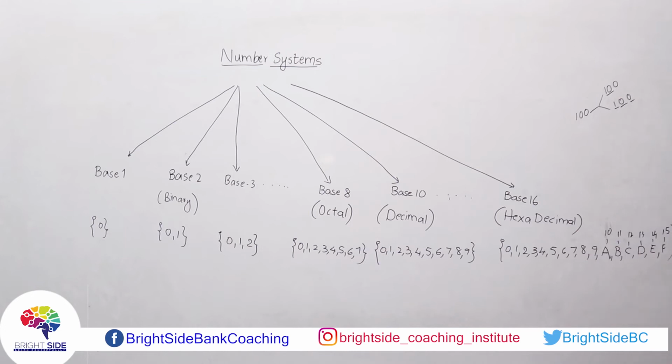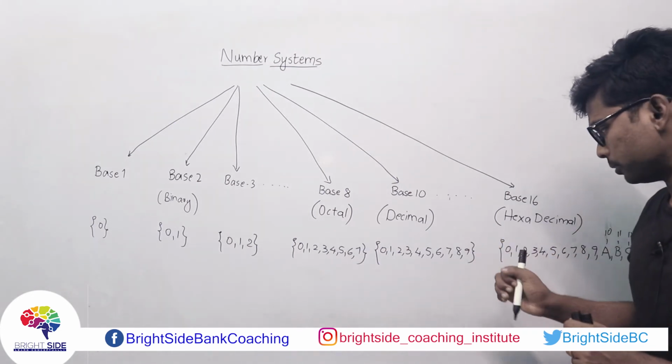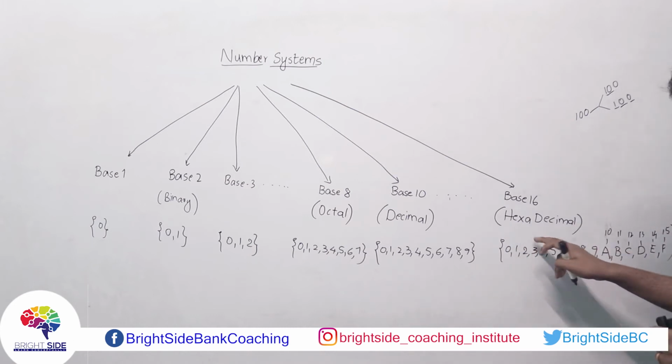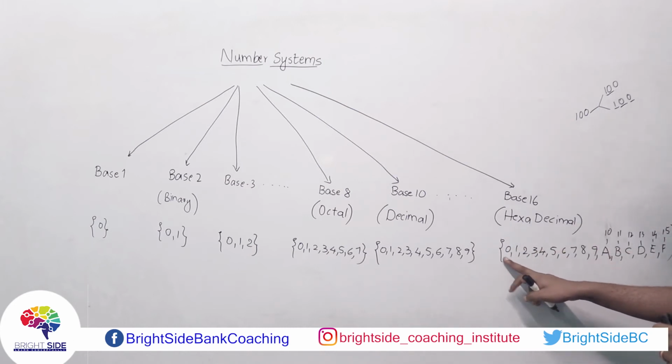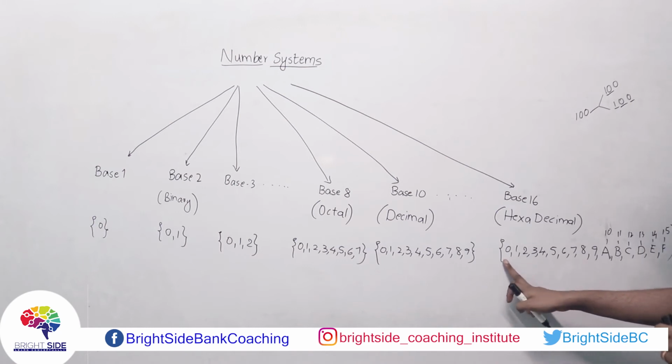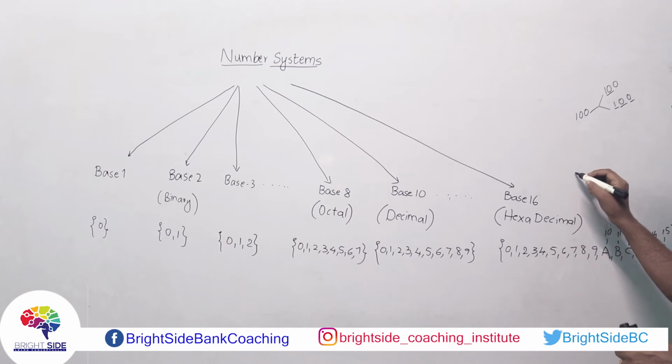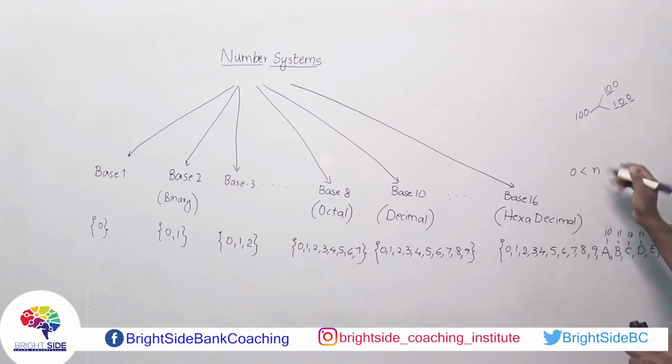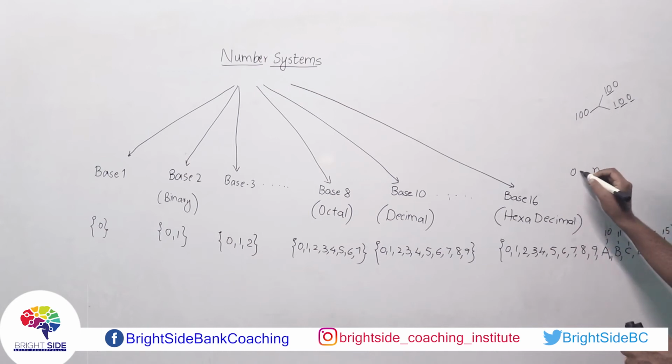Okay, and one more thing, in any number system, let us suppose in the base 16, the digits will start from 0 all the way up to 15. That means 0 to n minus 1.